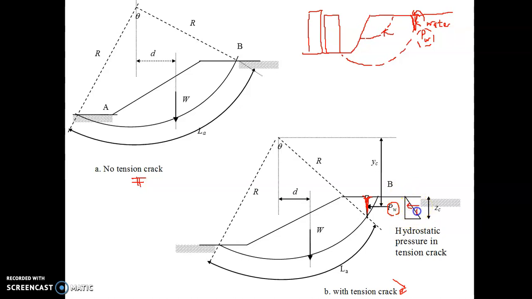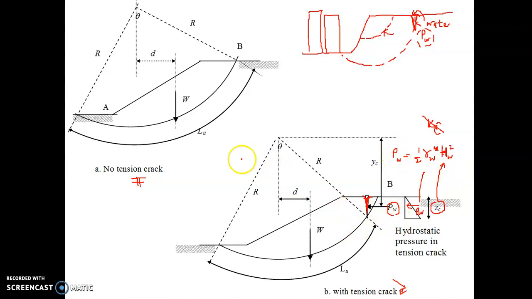So the pressure of water is half of gamma water, times the height to the power of 2. Usually for soil we have Ka for active and Kp for passive, but for water we don't have any K. The height of water is Zc. This is how we define the pressure of water, using the concept of lateral earth pressure.